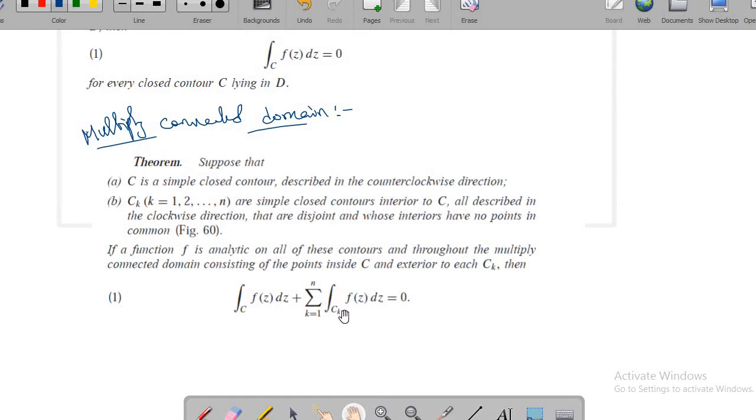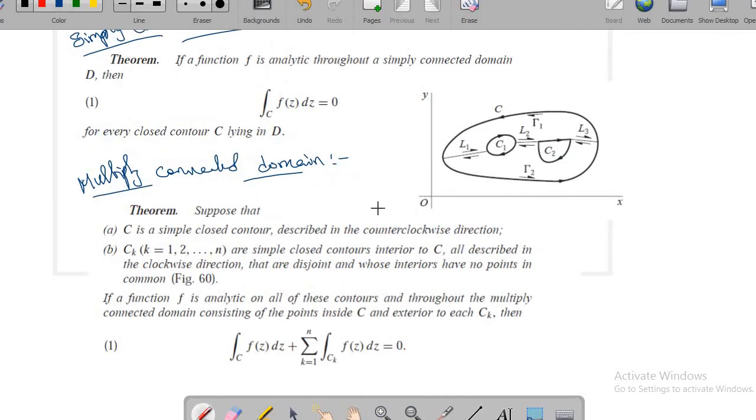Let me show you a picture for better understanding. This is the picture for a multiply connected domain. You have a simple closed contour here, oriented in the counterclockwise direction.